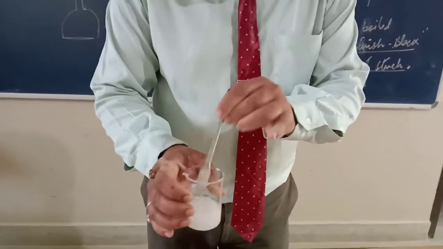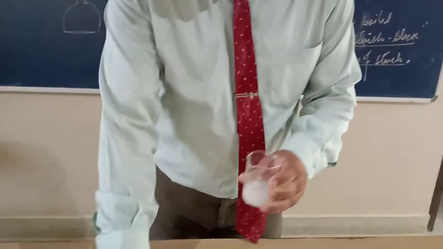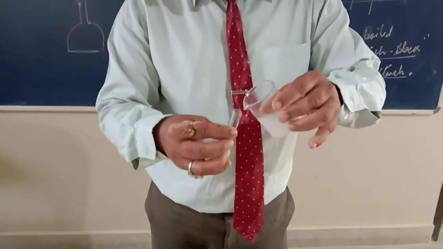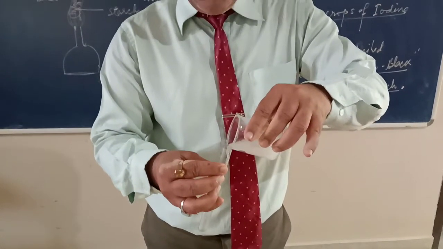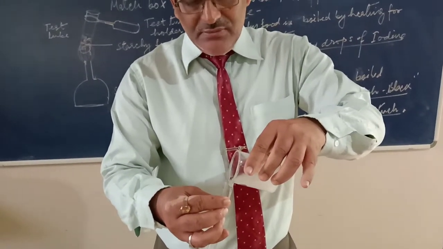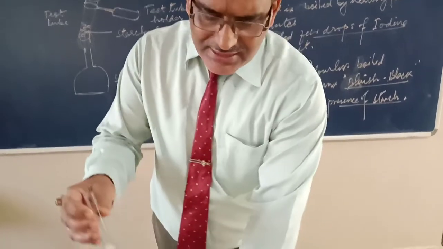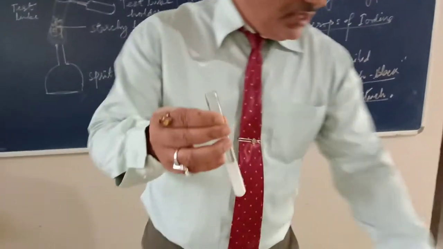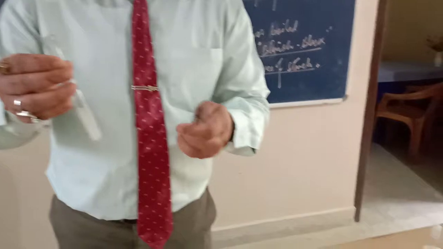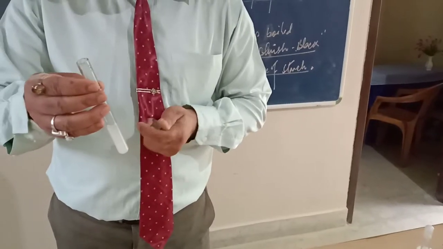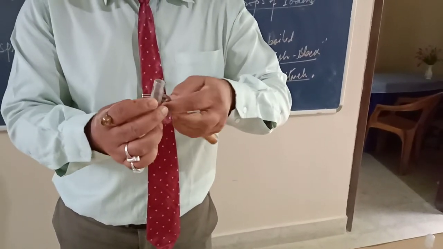Now this starch powder we have to take into this test tube. I have taken almost 5 ml of starch solution. This is the starchy solution. This is the test tube holder. I have to hold this test tube with the help of the test tube holder.